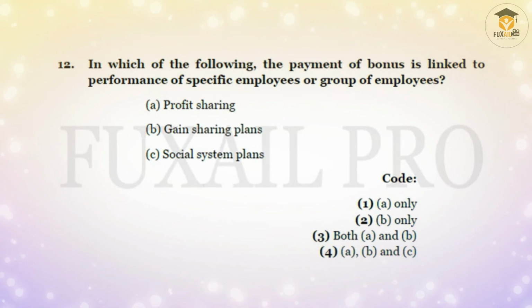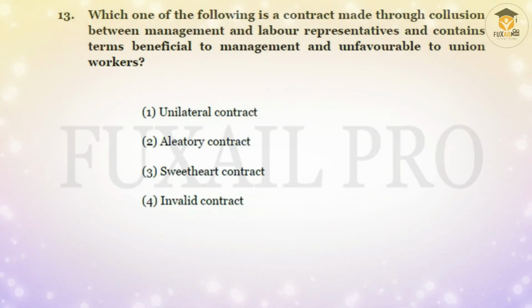A, B, and C. 13. Which one of the following is a contract made through collusion between management and labor representatives and contains terms beneficial to management and unfavorable to union workers? 1. Unilateral contract, 2. Aleatory contract, 3. Sweetheart contract, 4. Invalid contract.